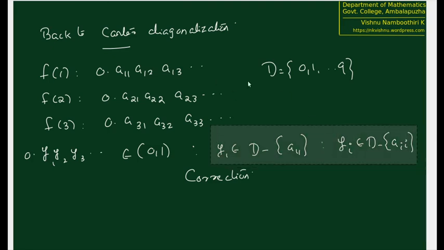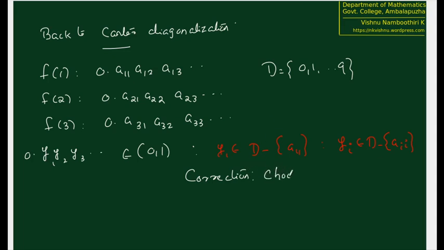So instead of that, the correction is the following. Choose yi from D minus aii, and not only that, it should not be equal to 0 and it should not be equal to 9.